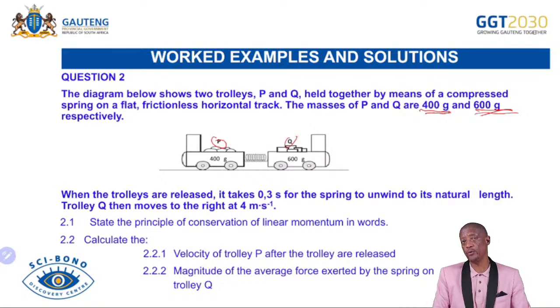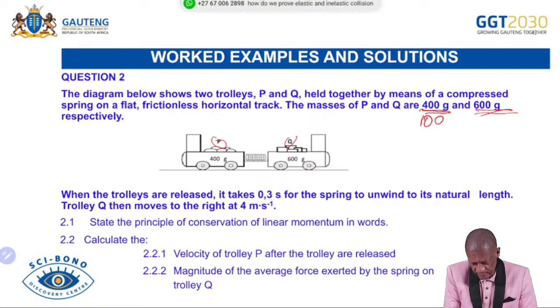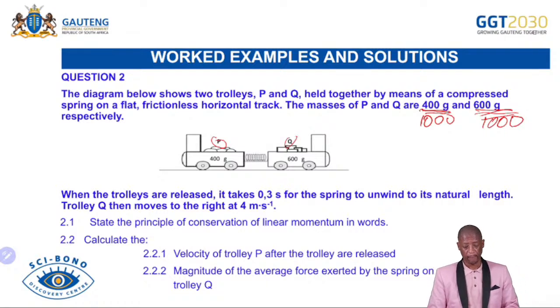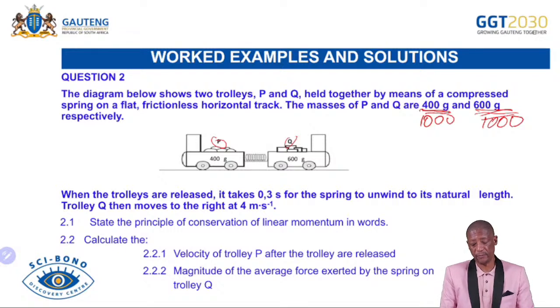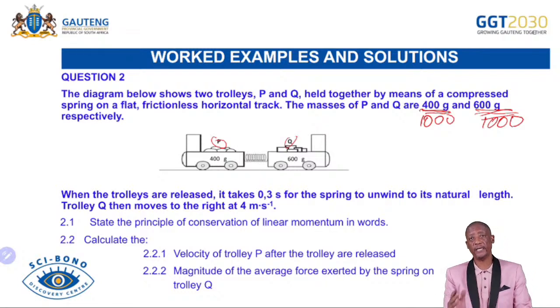But how do you convert this into kilogram? Yes, kilo means 1,000. In other words, you must divide this one by 1,000, and divide this one by 1,000. So you divide all the time by 1,000, right? If you divide by 1,000, we have converted to kilograms. We use kilograms, not grams.